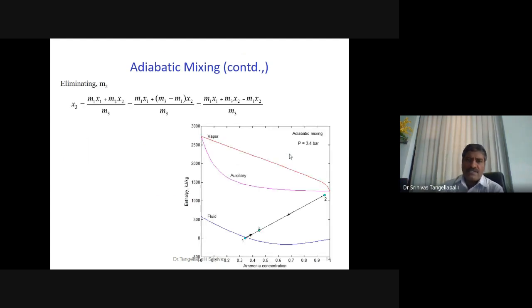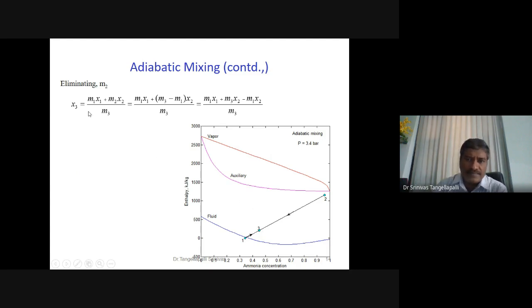Continuing with the simplification of these equations, that is, elimination of either M2 or M3, because our focus is here: after mixing, we have to simulate the exit condition. We have to calculate X3 and H3.